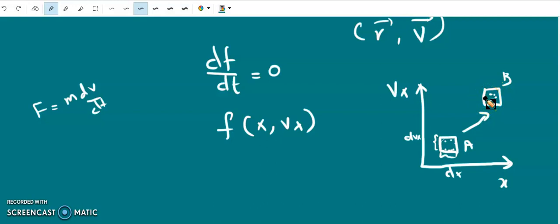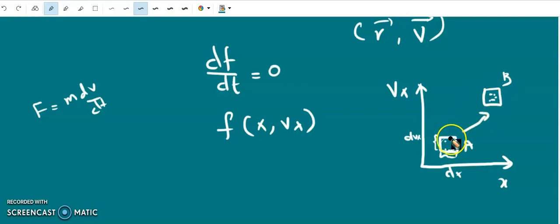Since all the particles move together, the density at B will be the same as the density at A. So the group of points in the phase space representing the position and velocity coordinates of a group of particles retains the same phase space density as it moves with time. They have the same position and velocity, and retain the same phase space density.